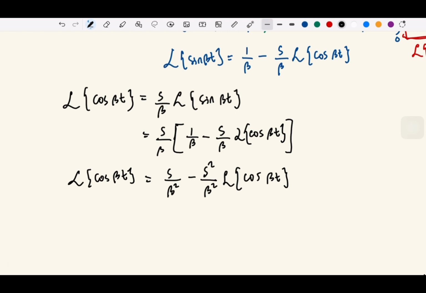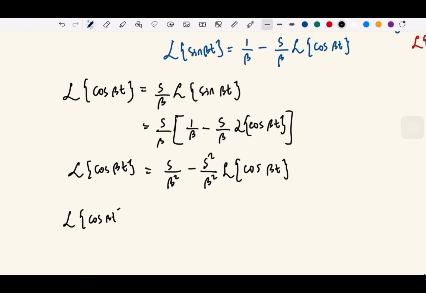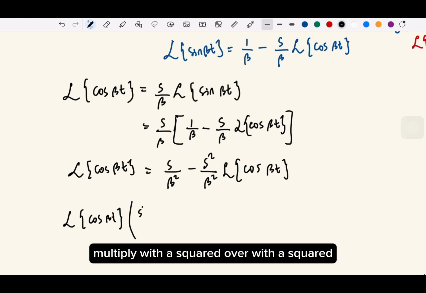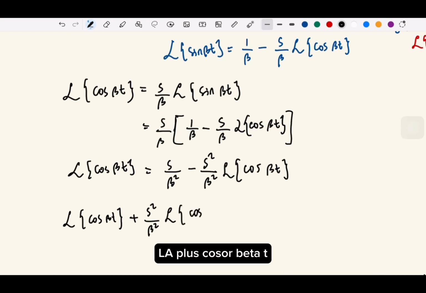And then we solve the equation. We move to the right side. So Laplace of cosine beta t multiplied with s squared over beta squared, plus Laplace cosine beta t, equals s over beta squared.